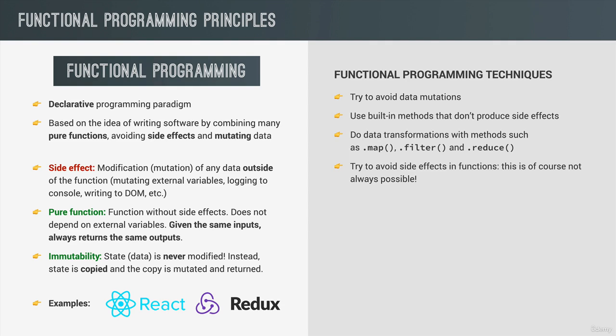So another thing that you can do is to always prefer built-in methods or functions that do not produce side effects over the ones that do. And this is really important for data transformations. So whenever you want to do that, you should use a method such as map, filter, and reduce.